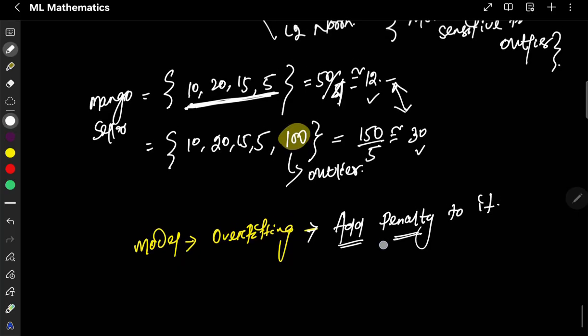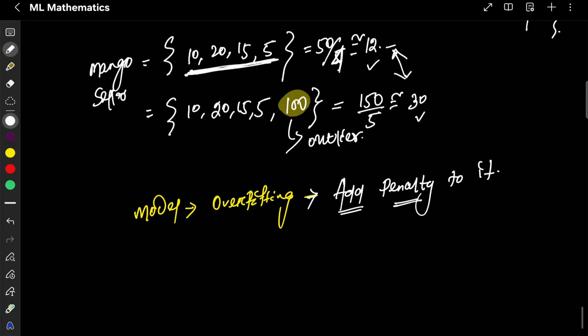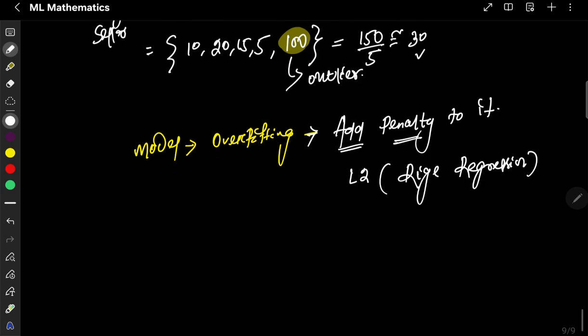Now, let's say I'm adding an L2 penalty. L2 is mostly used in ridge regression. Again, I'm telling you these things will come up later on. There I penalize using the squared value.